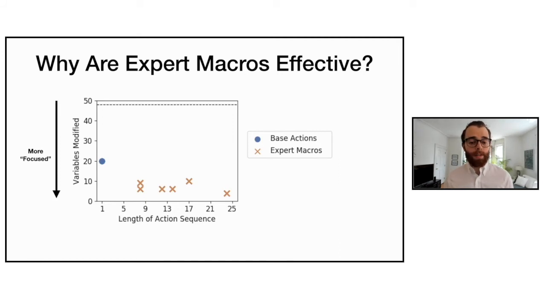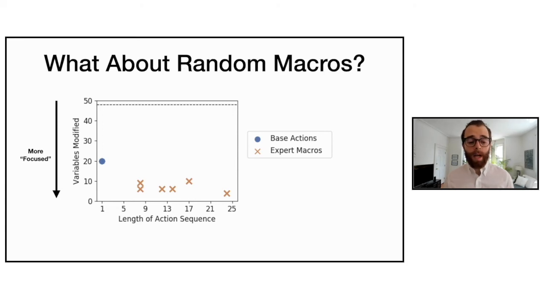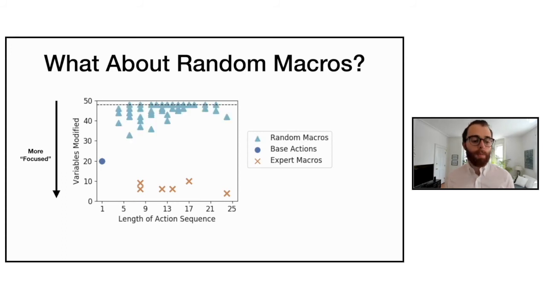We could also ask, what about other types of macro actions? What about random macros? So just arbitrary random sequences of primitive actions. If we plot those on the same plot, we see that they are nothing like the expert macros. They modify very many state variables. And indeed, this is what makes the Rubik's Cube such an interesting and challenging puzzle.